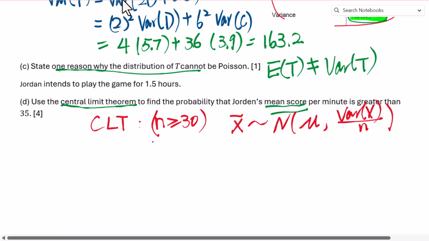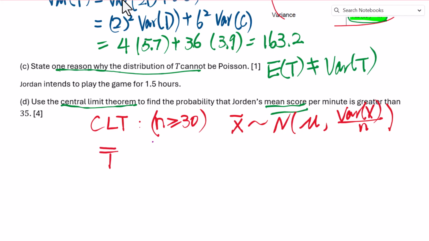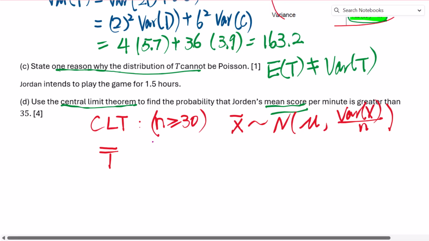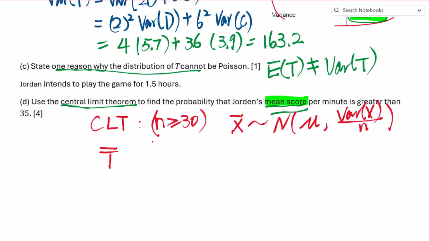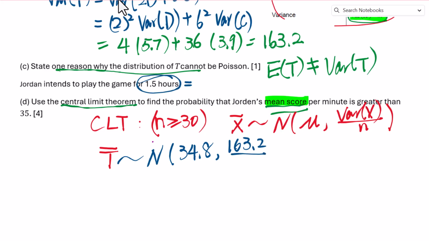Therefore, for this question, T bar, because we are looking for mean score per minute, follows normal distribution with 34.8 and a variance 163.2 over n. 1.5 hours is 90 minutes, so n equals 90.